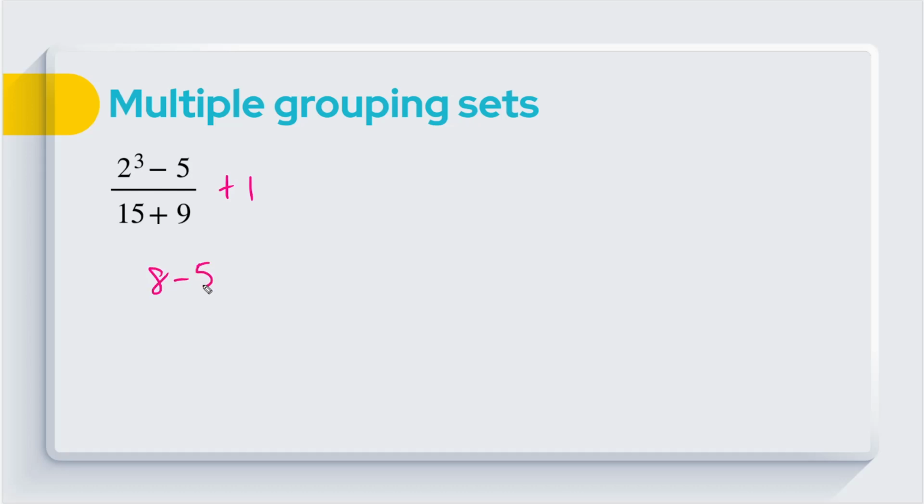So 8 minus 5 over 15 plus 9 plus 1. 8 minus 5 is 3. 15 plus 9, that's a good old 24. 3 over 24, we can simplify that to 1 over 8 plus 1. So we can add these together and get 1 and 1/8. Now we've evaluated this expression.